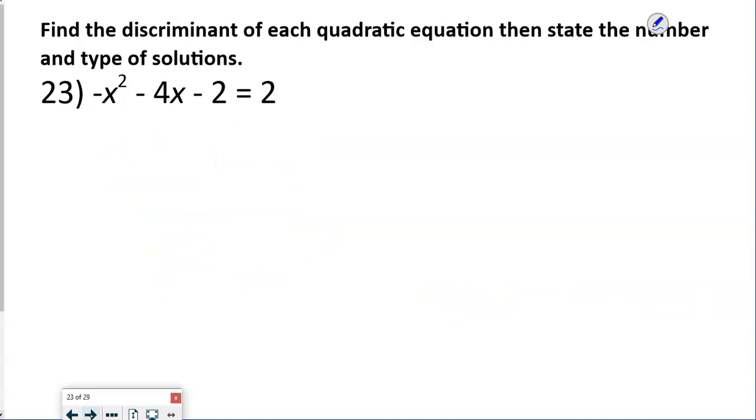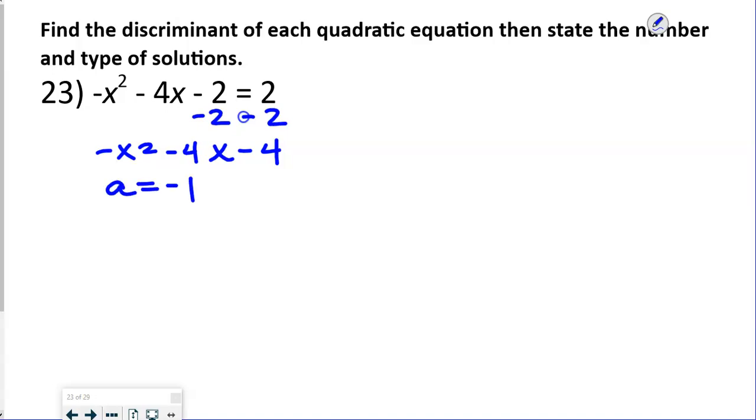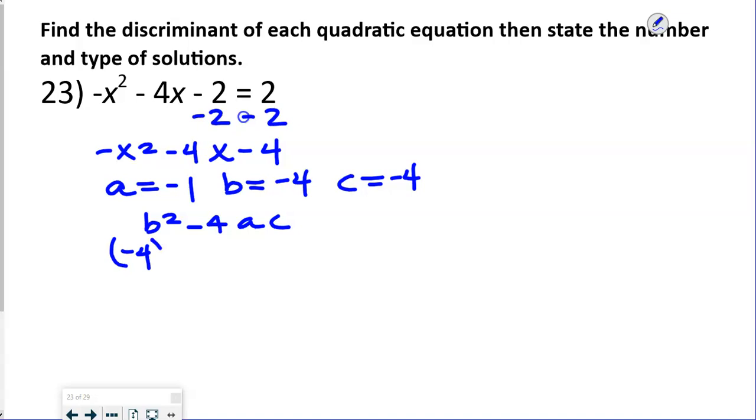So 23, again, we're going to subtract the 2 from both sides. Negative x squared minus 4x minus 4. a equals negative 1. b equals negative 4. c equals negative 4. Again, we're doing our b squared minus 4ac. So that's going to be negative 4 squared minus 4 times negative 1 times negative 4.